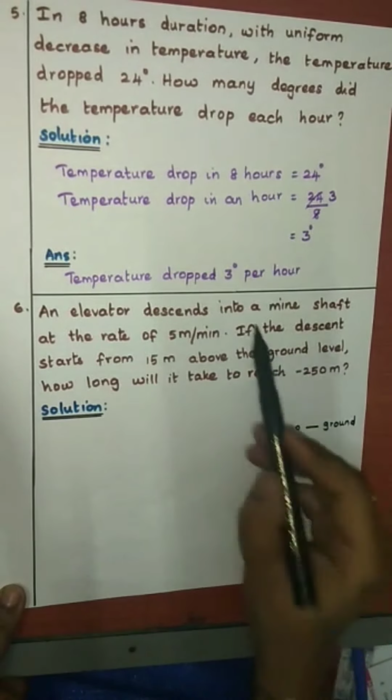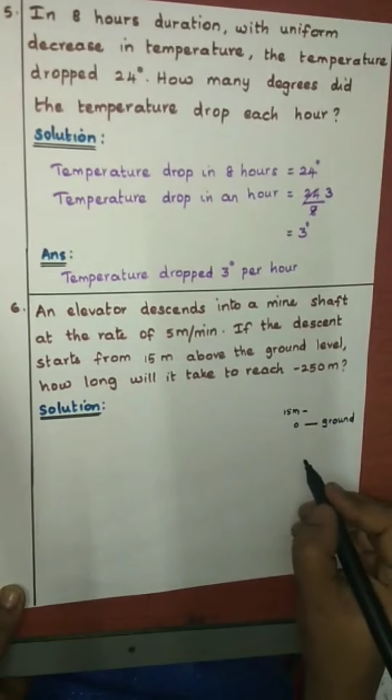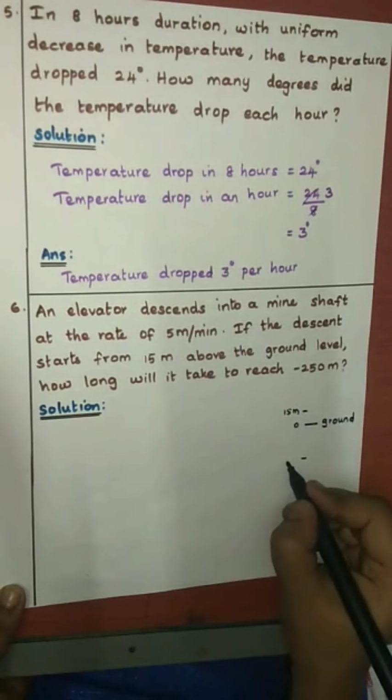In 1 minute, an elevator goes down. Descending means it goes down and it covers the distance of 5 meters. If the descent starts from 15 meters above the ground level, let us assume this to be the ground. So I am representing this as 0, and the descending starts from 15 meters above the ground level. How long will it take to reach minus 250 meters?